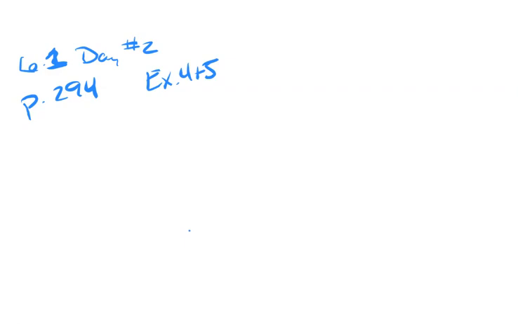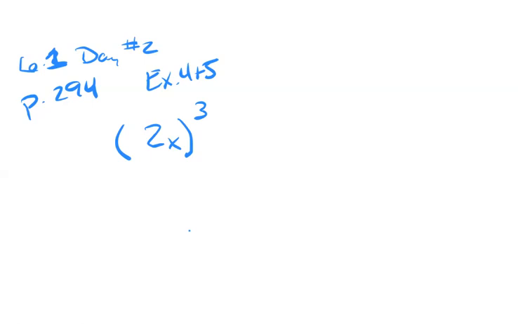The main thing I'm going to show you today is what to do when we have something like this: something in parentheses raised to an exponent. We haven't seen this yet. We've seen other things similar to it, like power to a power, x squared to the 3rd power.